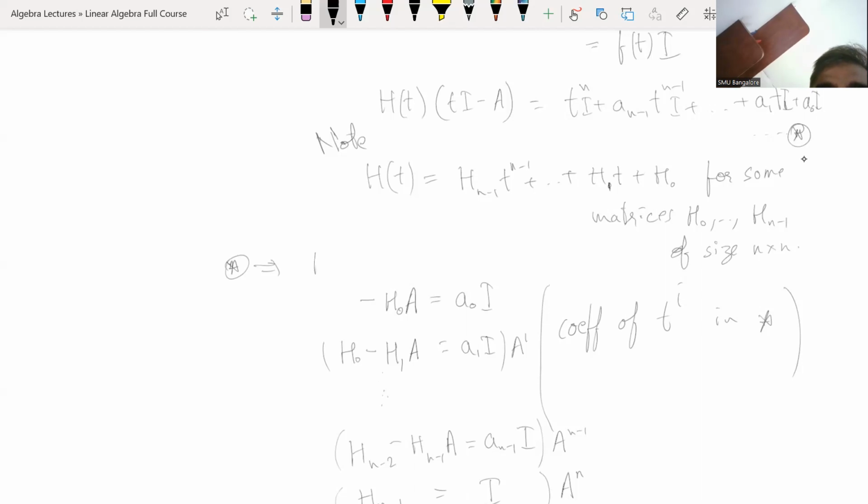hn minus 1 times t power n minus 1, t power n. So I'm just multiplying this h(t) with tI minus A. So I'll get hn minus 1 t power n plus, what is the coefficient of t power n minus 1?